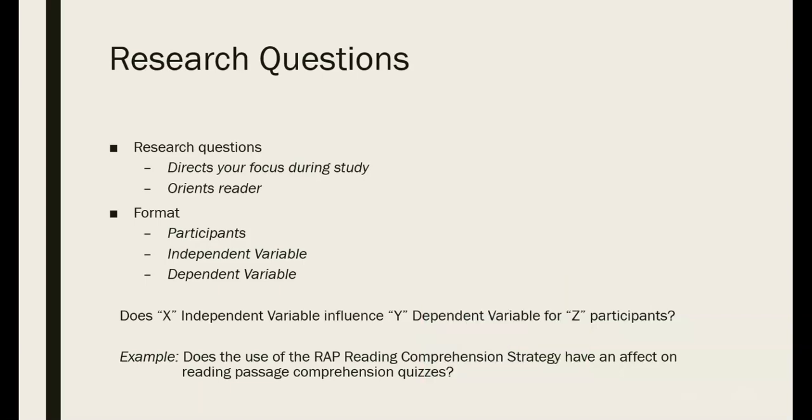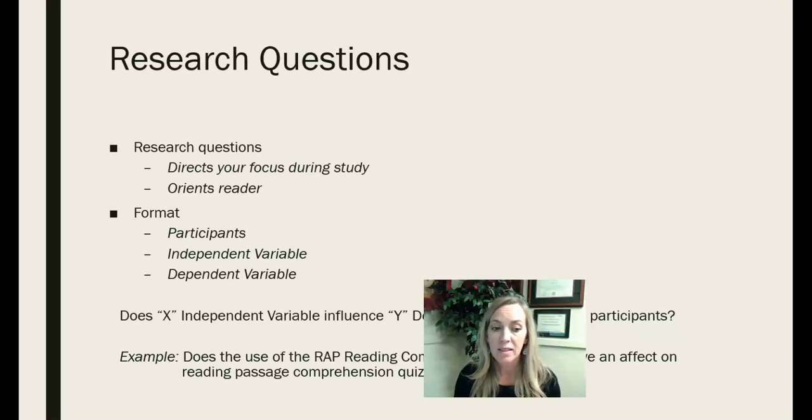Okay, so the format might be, does X independent variable influence Y dependent variable for Z participants? And in real terms, an example might be, does the use of the RAP reading comprehension strategy have an effect on reading passage comprehension quizzes? And maybe we could add to that for students with learning disabilities. So there's an idea.